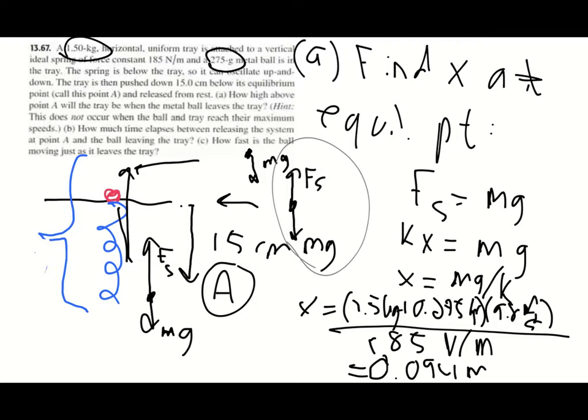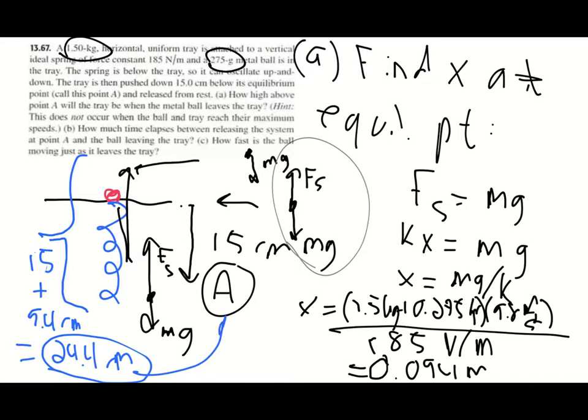Okay, it's going to be 15 plus that 0.094 meters, or 9.4 centimeters, or it's going to be 24.4 centimeters. That's the amount above this point A that it is when it gets to that point where the ball separates.